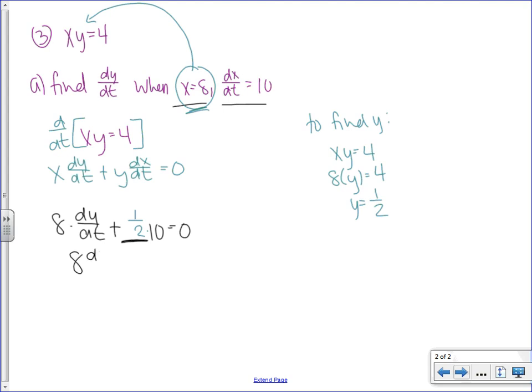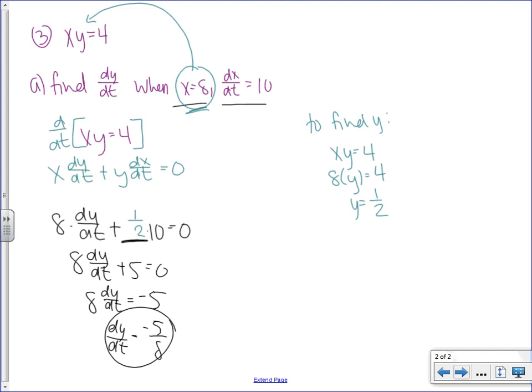So here we've got 8 dy/dt plus 5. Subtract the 5 over and divide by 8. And there is your answer. Exact same thing that we did for 1, except we had to actually do this little piece right here of finding y.